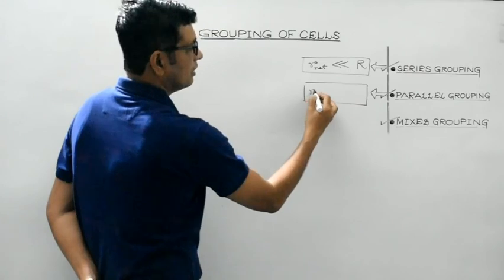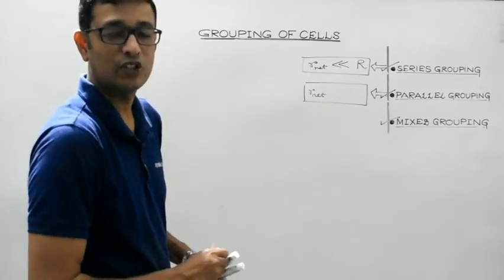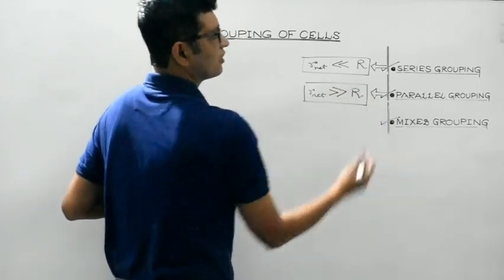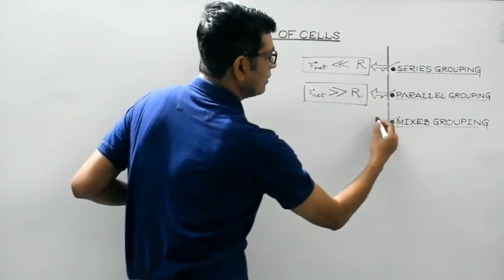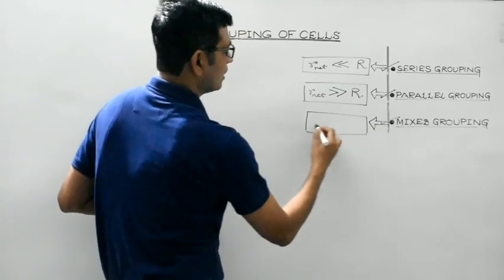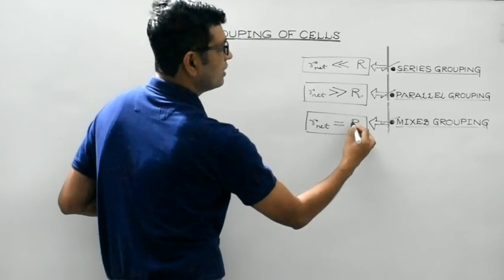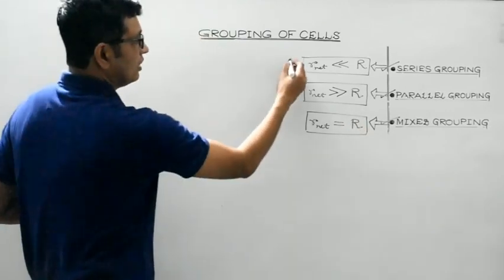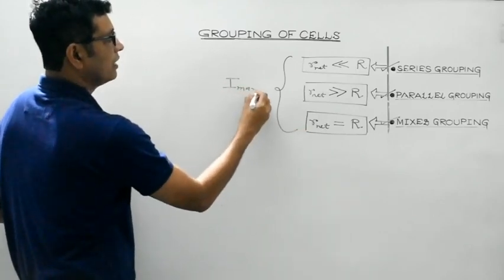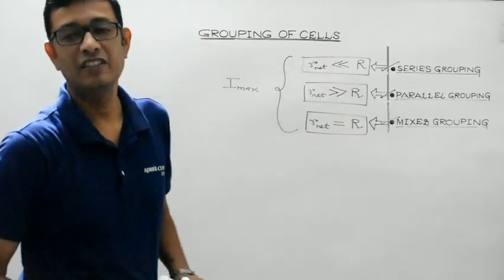In this case, the net internal resistance should be very, very large as compared to the net external resistance. And in the mixed grouping, in order to derive maximum current, the net internal resistance must be exactly equal to the net external resistance. So these are the conditions for obtaining maximum current in the series, parallel and mixed grouping respectively.